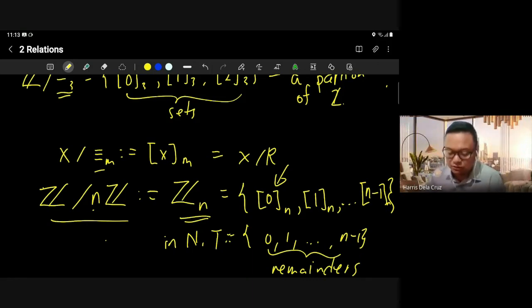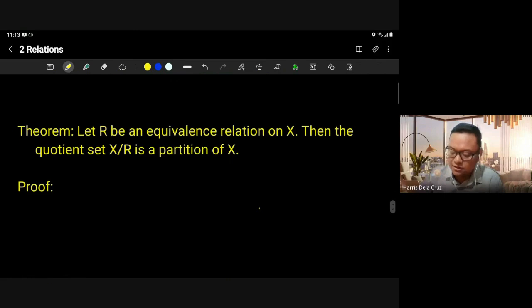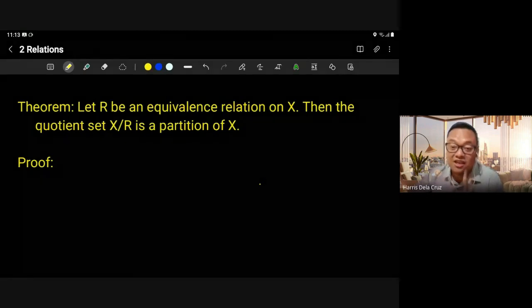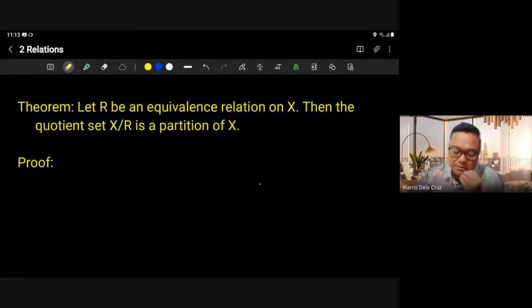Okay, so let R be an equivalence relation on X. Then, the quotient set X over R is a partition of X. So, in general, generalize lang natin yung nakita nating observation.